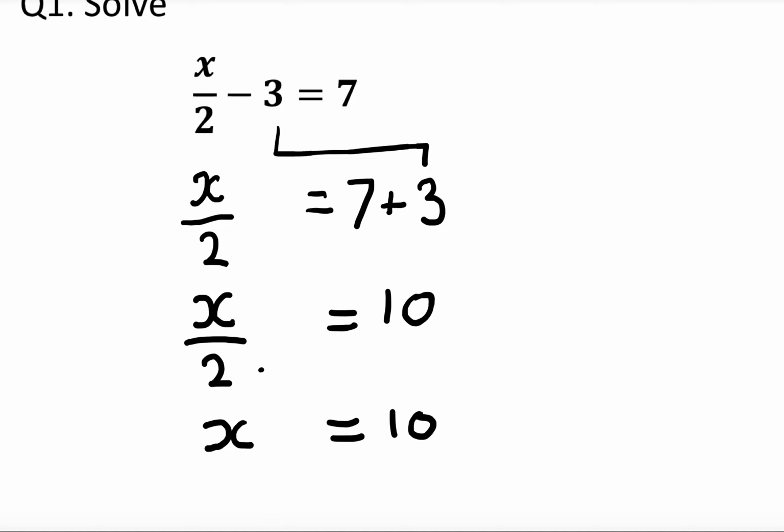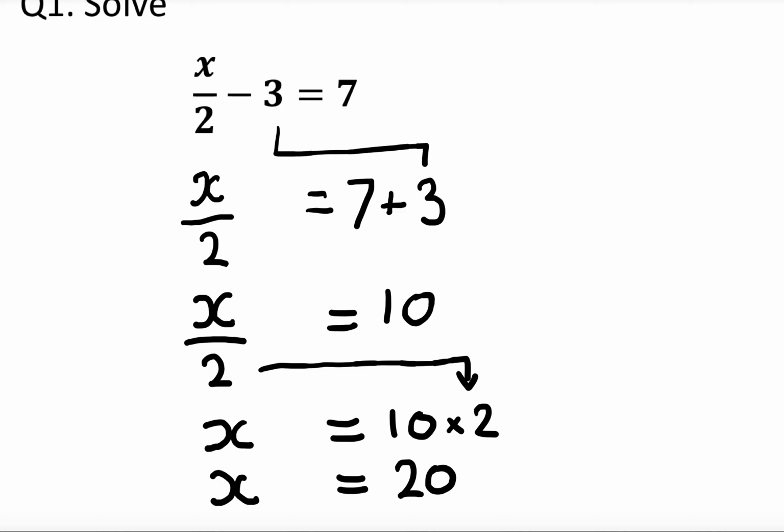So we move that over the other side there, like that, times 2. So the answer would be x, 2 tens, equals 20. There you go. We just followed the steps and we found out what x was.